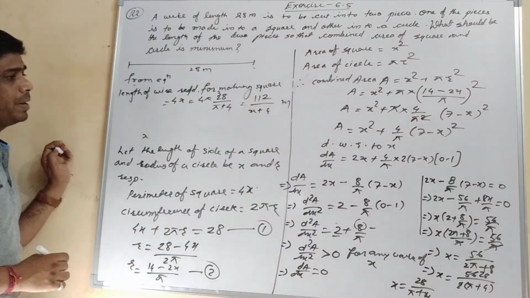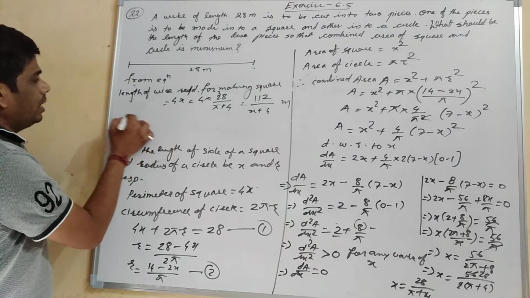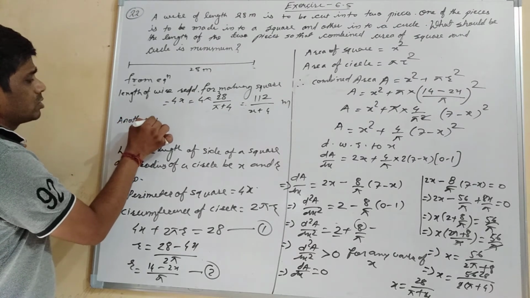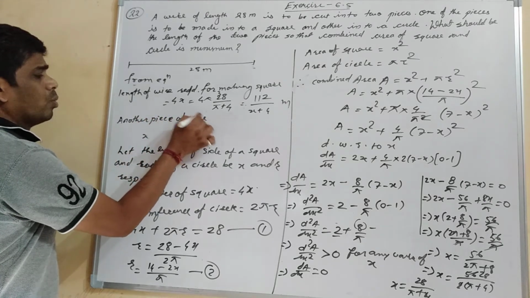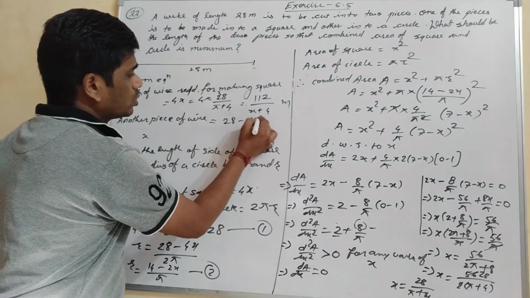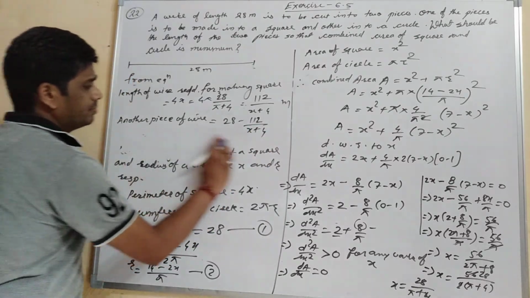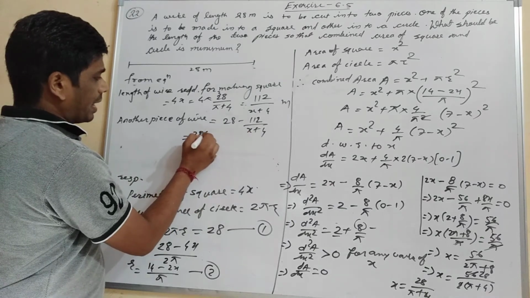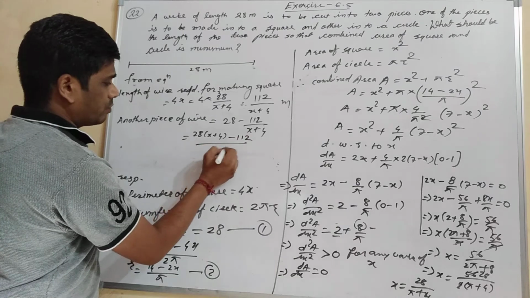And for the other, we can subtract from 28. So the other piece of wire will be 28 minus 112 upon (pi plus 4), which means you can take LCM. It will be what? 28 (pi plus 4) minus 112 upon (pi plus 4).